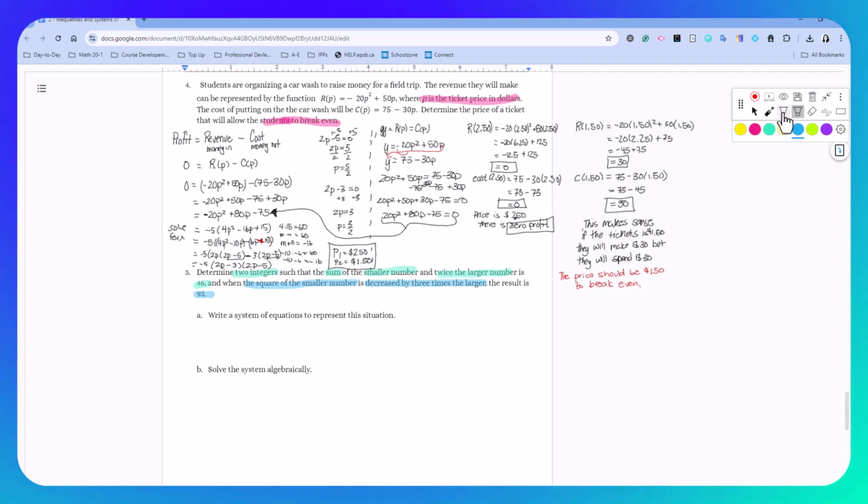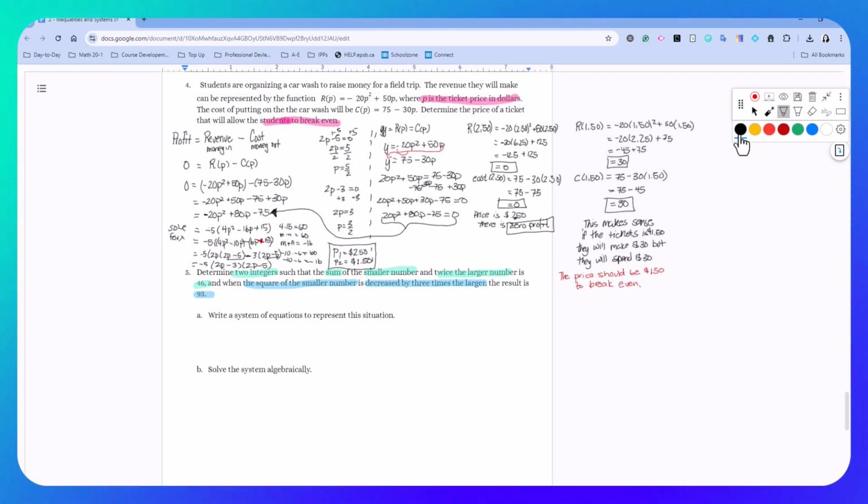So what we have here, we have two sentences that describe two different situations of these two integers. Let's call x, we're going to let that be the smaller number. And we're going to let y be the bigger number.